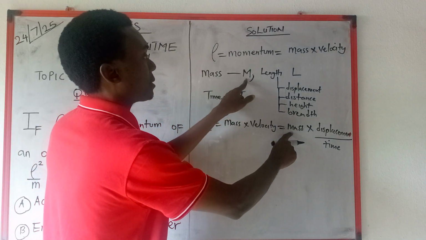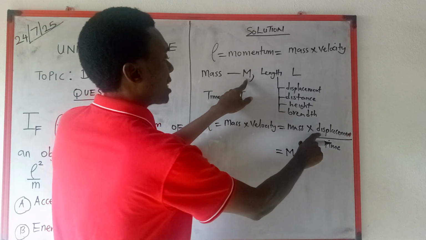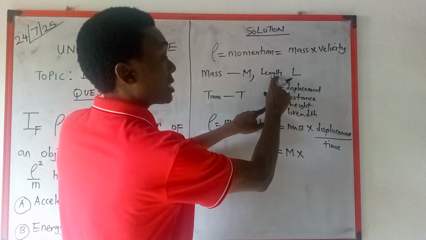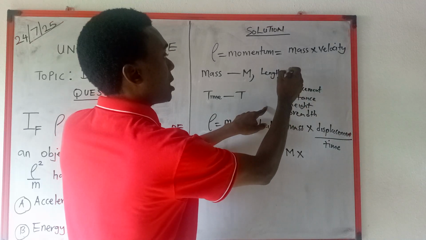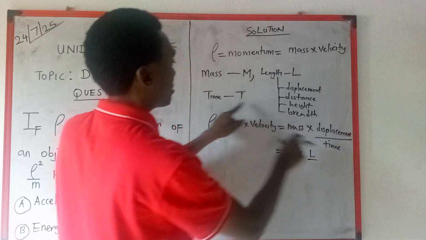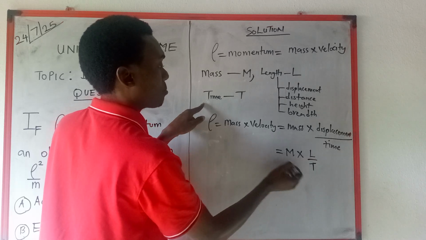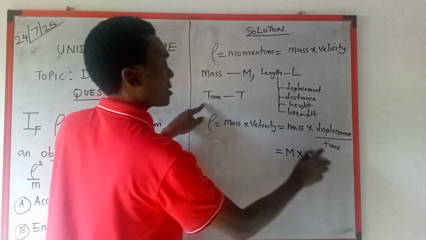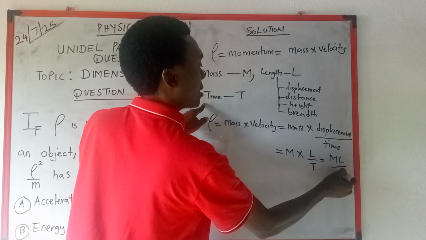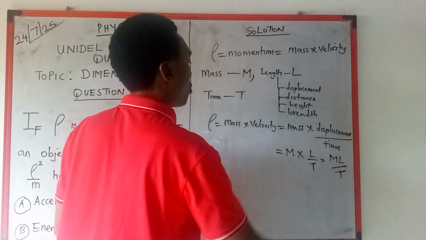Capital M. What is the dimension for displacement? I say it's same as length. The dimension is L. What is the dimension for time? Capital T. So once you multiply, M times L, ML over T. So this is the dimension for momentum.